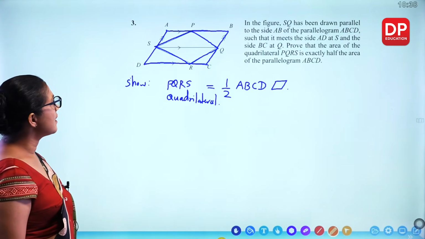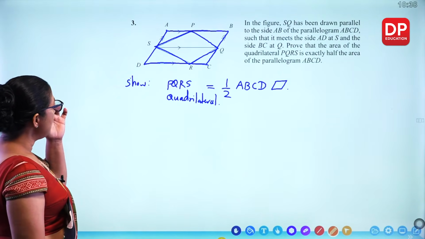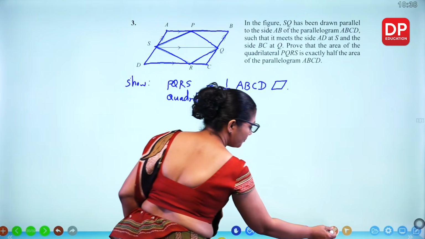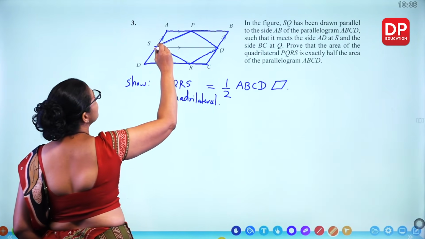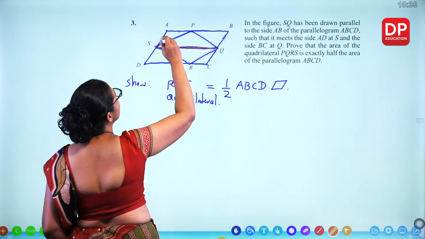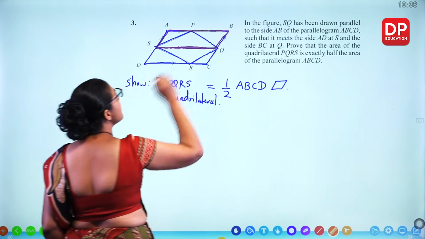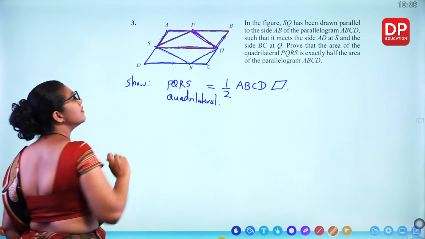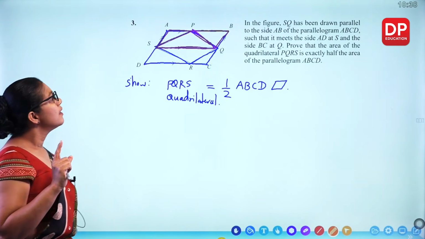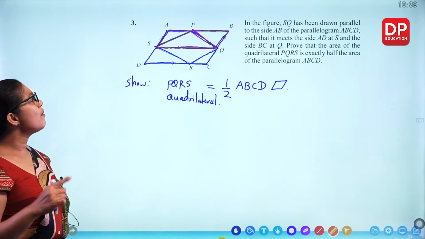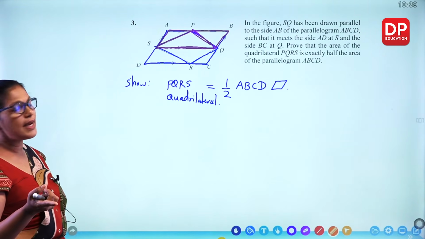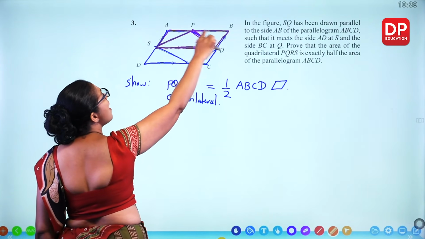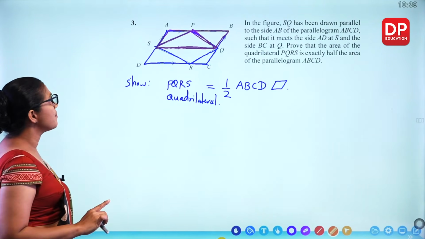This is a quadrilateral. So how can we start that? Now look at carefully. We can see that this parallelogram and this triangle, both on same base SQ and in between two parallel lines SQ and AB. So what can you say about the area? The area of the triangle is half of this parallelogram.